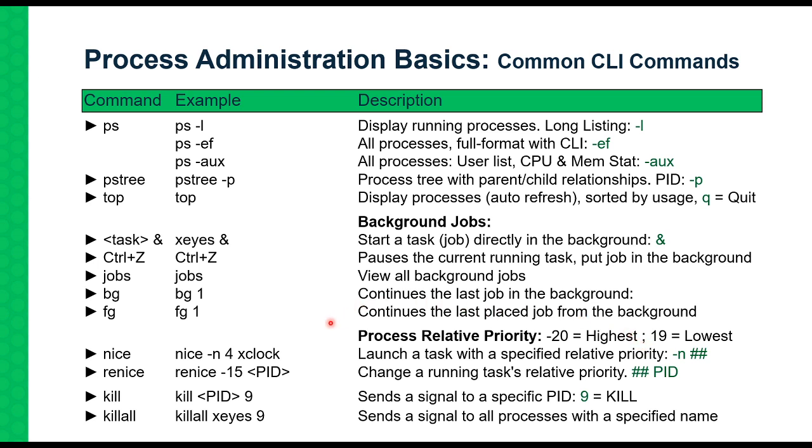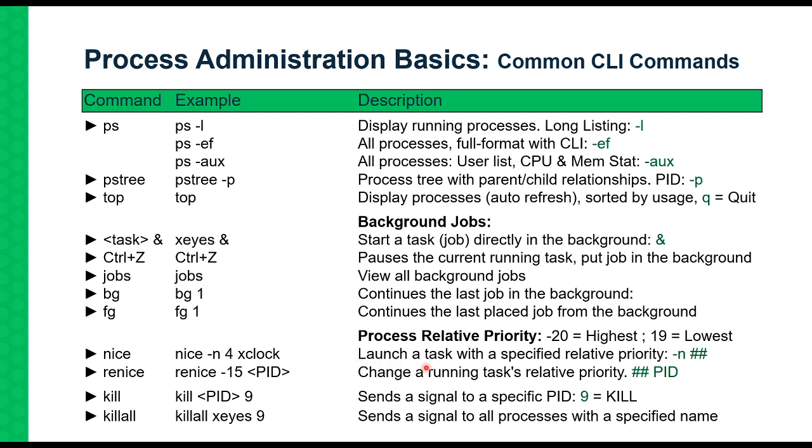So what do we do with a process priority? Why would we like to do that? We would like to set our process priorities to either lower or higher to determine if we want to give more resource preference to a certain task than another task. So we can set the resource preferences by using the nice command.